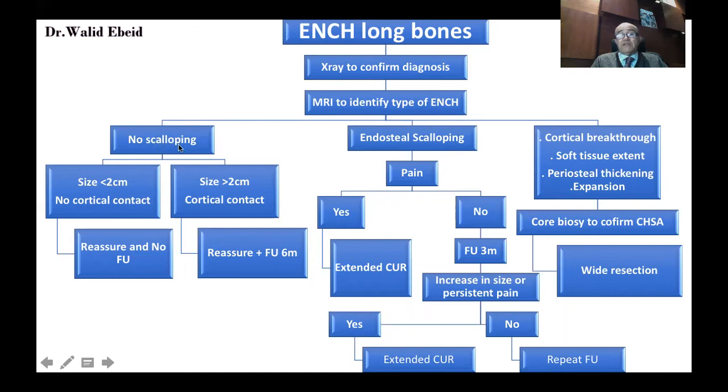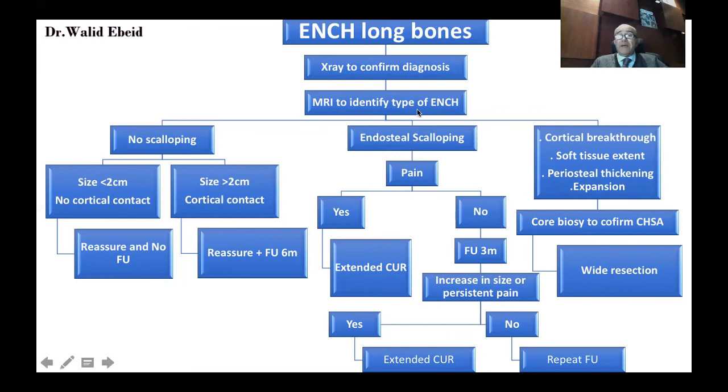If there is no scalloping, but it has a size more than 2 centimeters or a cortical contact, we reassure them, but we put him on a follow-up program. After 6 months, he does another MRI, and if it's the same size with no further increase, we follow him after a year, and if it's stationary over a period of 2 years, we don't follow him anymore.